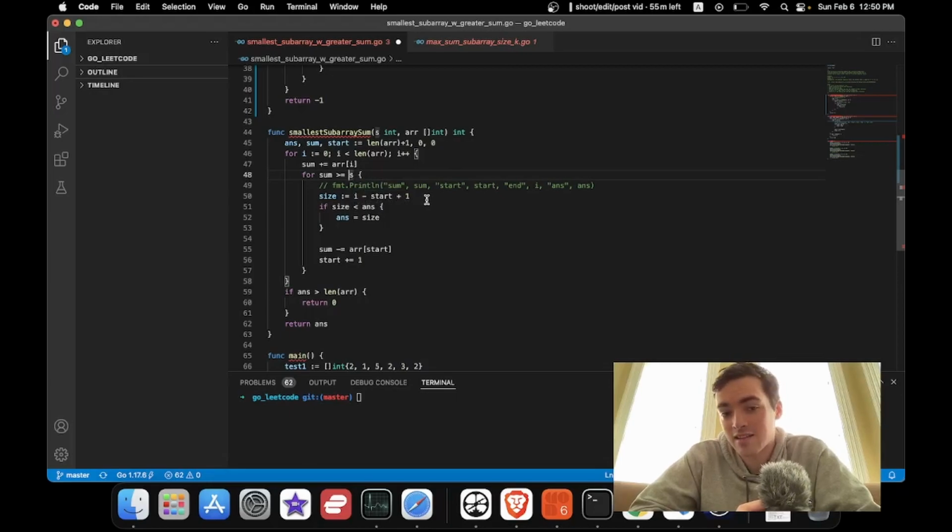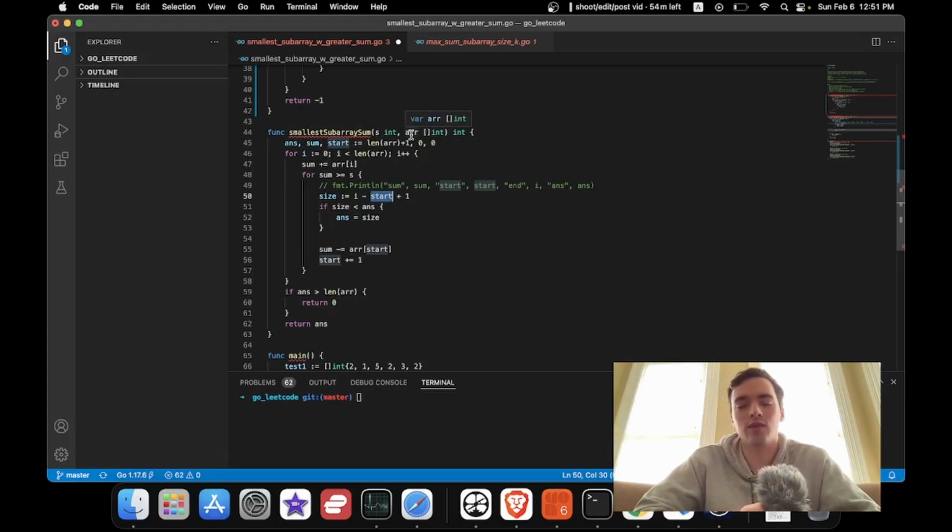Once your current sum is greater than the target, you get the current size of the subarray, so the index you're at minus the starting index, which starts at 0. Then you check if your current subarray size is smaller than your answer, which starts as 1 greater than the length of the array that you're given.